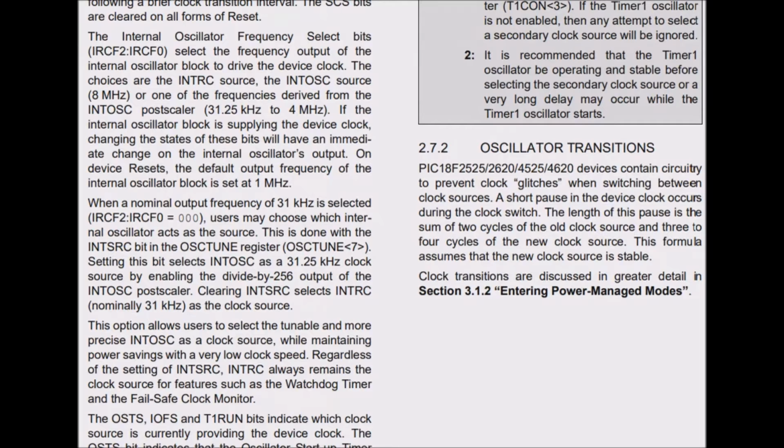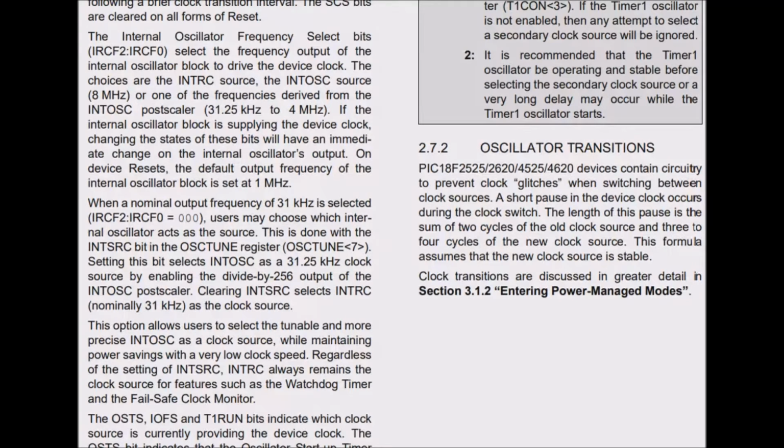The choices are the INTRC source, the INTOSC source, 8 MHz, or one of the frequencies derived from the INTOSC post scaler, 31.25 kHz to 4 MHz, if the internal oscillator block is supplying the device clock.